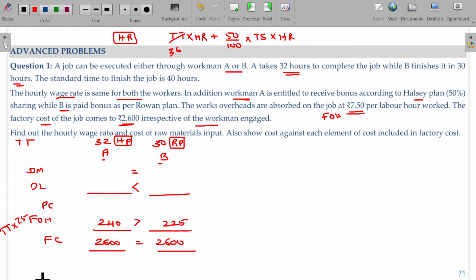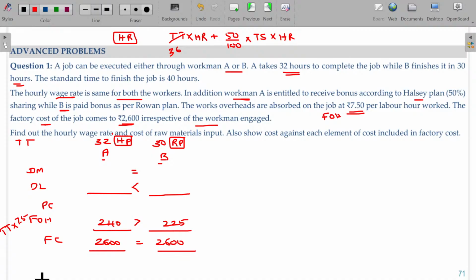Up to 50% of the time saved, Halsey plan is better. Exactly at 50%, both schemes give the same. If the time saved is more than 50%, then Rowan plan will be better. So as per the B scheme, direct labor cost is higher, meaning we may have time saved being less than 50%.